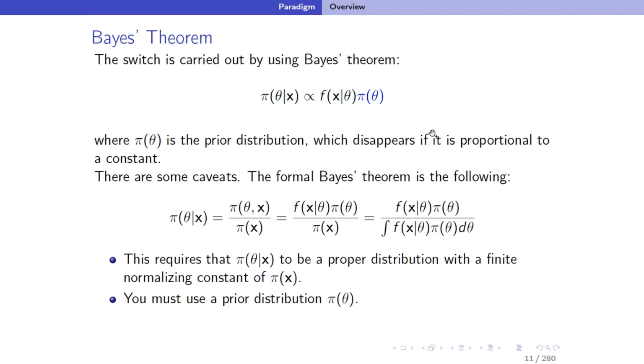Okay. So the caveat is, what you are in fact doing is switching the random variables. The likelihood is about the data given theta. It doesn't say anything about theta. It just says how the behavior of the outcome of the data is governed by the sampling distribution.